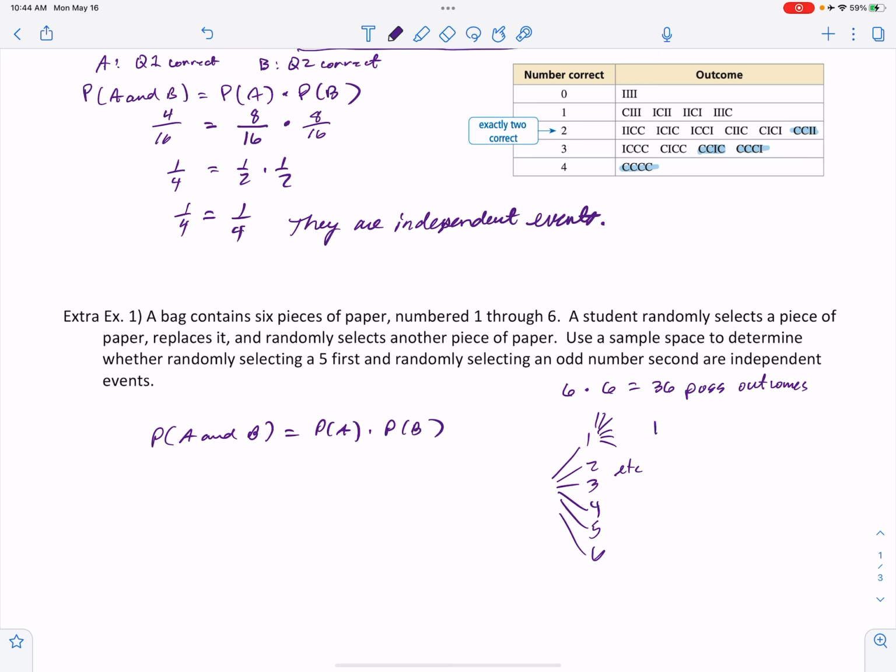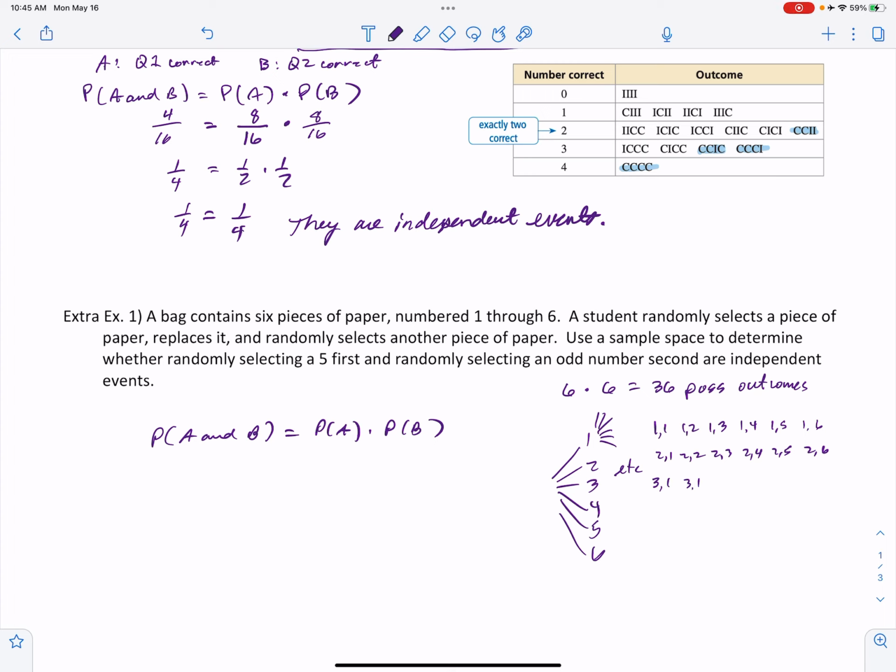So I've got a 1 followed by a 1, 1 followed by a 2, 1 followed by a 3, 1 followed by a 4, 1 followed by a 5, 1 followed by a 6. I have a 2 followed by a 1, a 2 followed by a 2, a 2 followed by a 3, a 2 followed by a 4, a 2 followed by a 5, a 2 followed by a 6. It's basically the same kind of setup that we had when we rolled the 2 dice.